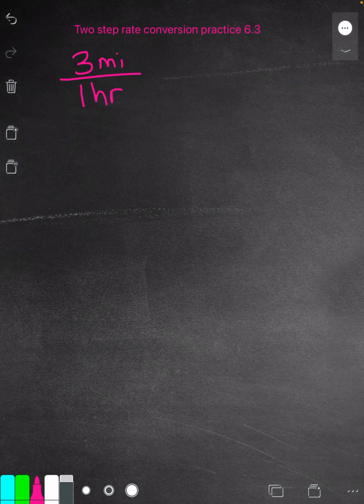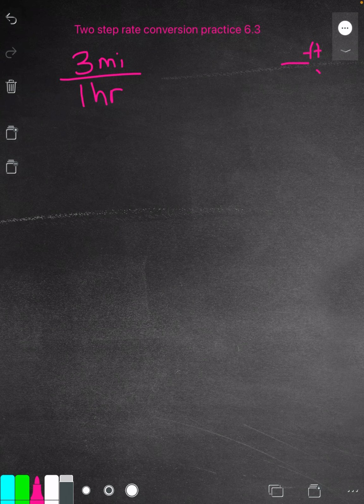I want to know how many feet he can run per second. All right, so my goal here is to find feet per second. So I'm going to write that over on the side.